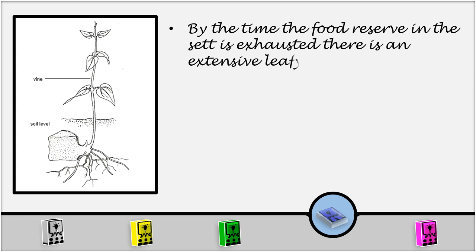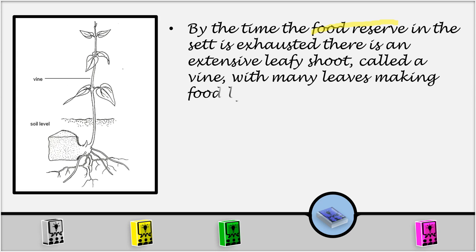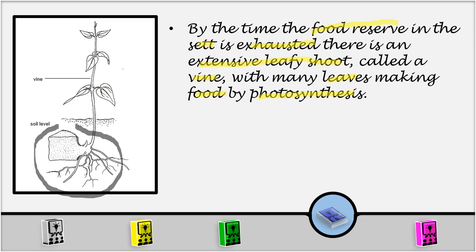By the time the food reserve in the set is exhausted, there is an extensive leaf shoot called vine, with many leaves making food by photosynthesis. So we see that at the beginning, the plant is using food which is coming from the set.